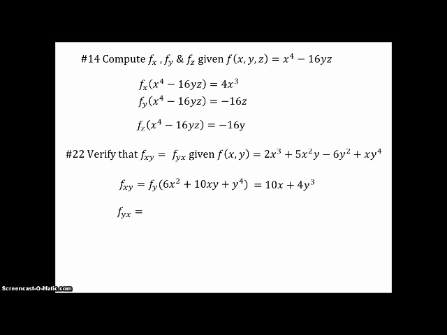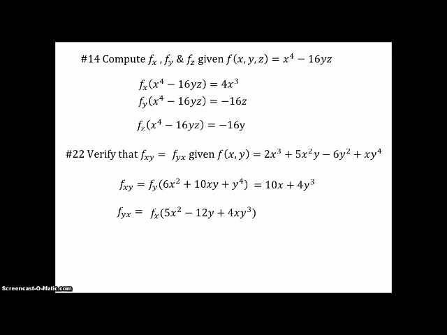Now we're going to look at f sub yx. So first we take the derivative with respect to y. And so the 2x cubed goes to 0. The second term, we treat 5x squared as a constant times y. The next term, the 2 comes down and we get 12y to the 1st. And then in the last term, we treat x as a constant. The 4 comes down in front of it, and we get 4xy cubed.